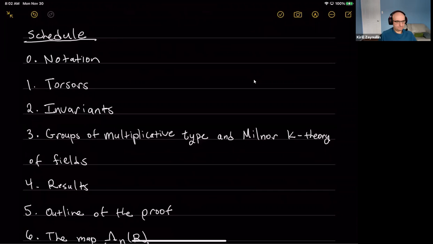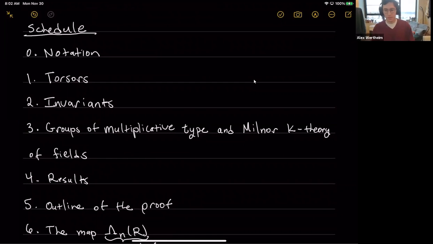So, a schedule for today. First, I'll introduce some notation, which I'll use throughout the rest of the talk. And then, of course, everybody here, I think, knows vastly more about torsors than I do, but for the sake of completeness, I'll say maybe something about torsors, which leads naturally into the notion of an invariant for algebraic groups. Often invariants for algebraic groups are computed for particular classes of algebraic groups with values in some specific functor.